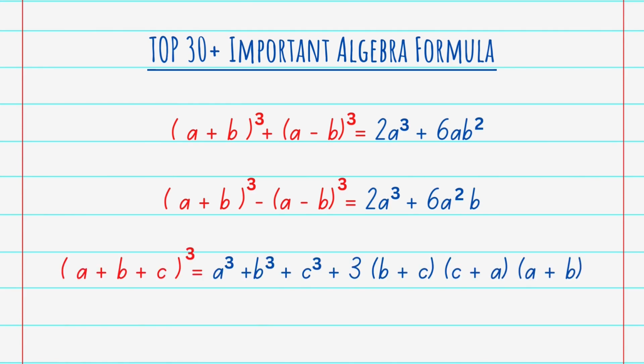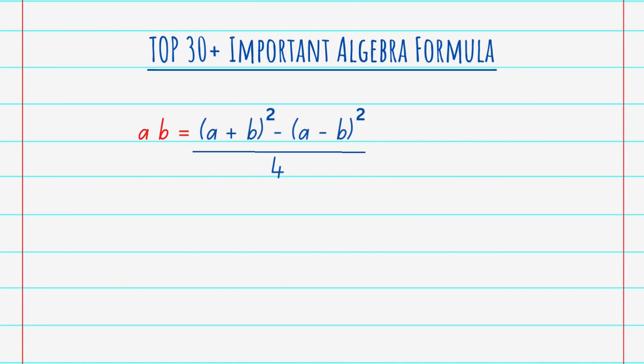Remember this difference. Next is (a + b + c) whole cube is equal to a³ + b³ + c³ + 3(b + c)(c + a)(a + b). Next is ab, which is equal to (a + b) whole square minus (a − b) whole square divided by 4.